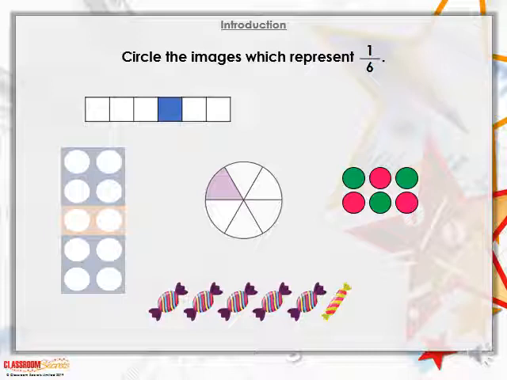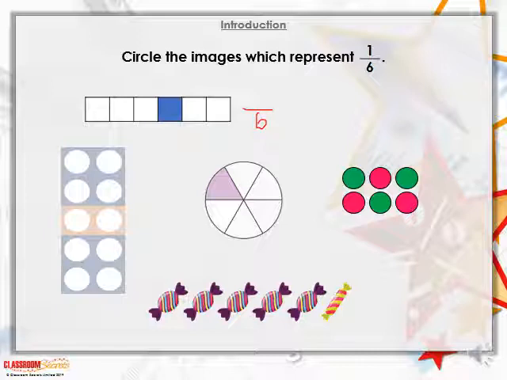Okay, so here's your first task. I would like you to look at the images on the computer in front of you, and I want you to circle the images which represent 1/6. The best way to do this is to have a look at what the shape has been split into. I would do this first, and I'll give you an example. This shape is split into 1, 2, 3, 4, 5, 6. So we know for this shape, the denominator is going to be 6.